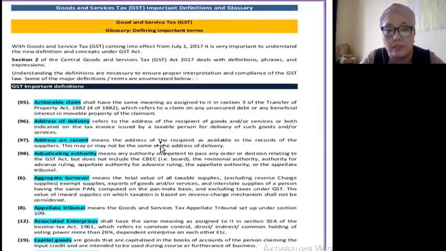To mark the important definitions and terminology: the actionable claim, address for delivery, address on record, adjunction towards the aggregate turnover. All about goods and service tax coming into effect, understanding the new definitions and concepts depending on your annotation.